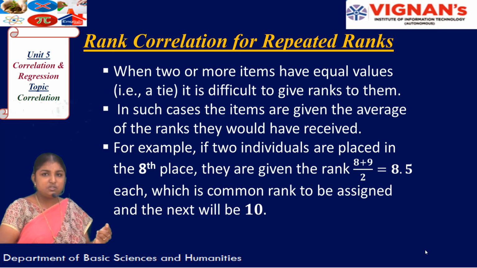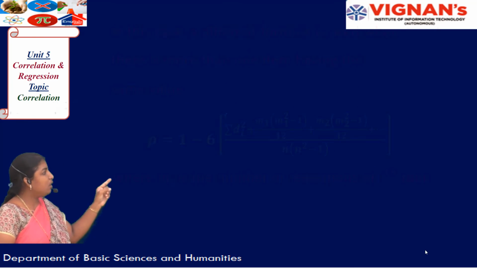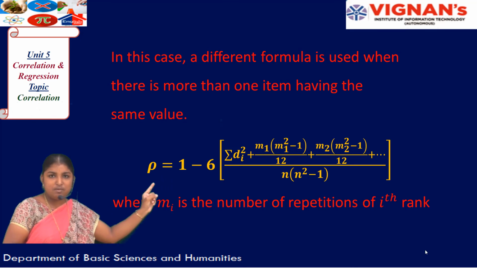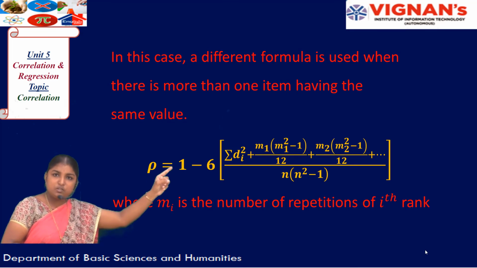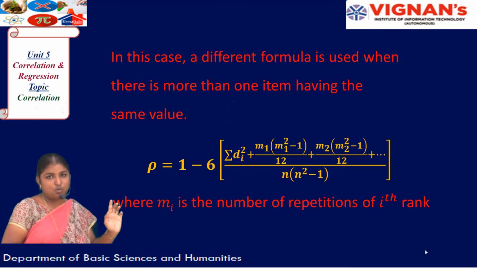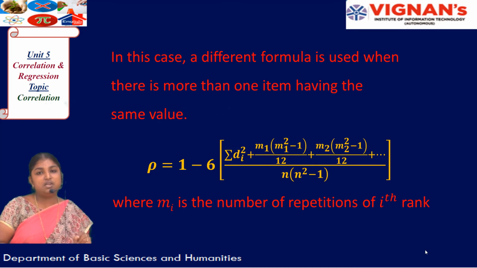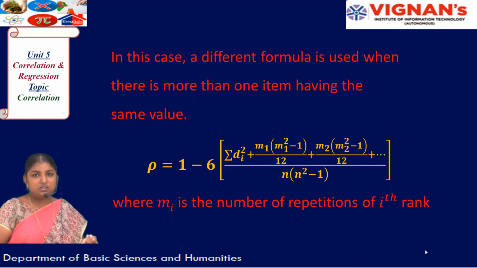If any rank is repeated, the Spearman's rank correlation formula is rho equal to 1 minus 6 into summation di square plus m1 into m1 square minus 1 by 12 plus m2 into m2 square minus 1 by 12, and so on, divided by n into n square minus 1. We already know di means the deviation of the two ranks Rx and Ry, and m represents how many times a repeated rank is repeated.